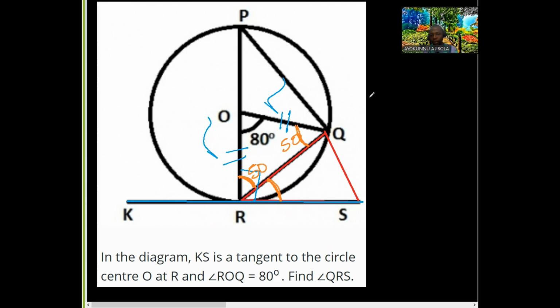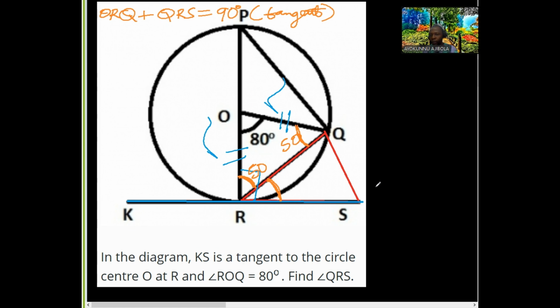So what you're going to write down, if it's a theoretical question, is that ORQ plus the one we're looking for, QRS, equals 90 degrees. Why? Because the tangent of a circle makes 90 degrees with the radius, okay?